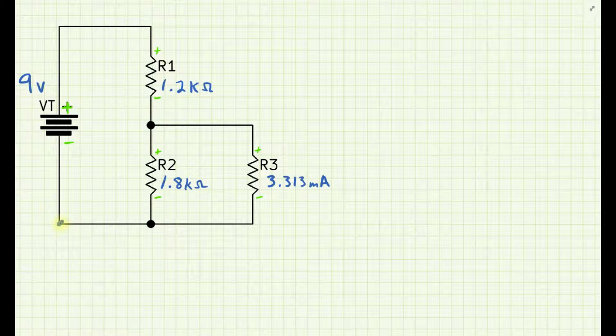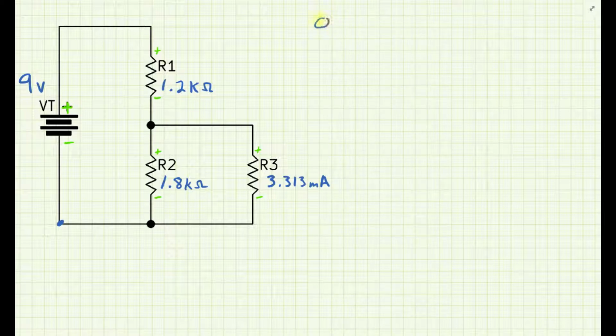Okay, starting here on my little corner, my little dot where I've identified that I'm going to start, I will start traveling up that path around the loop. First thing I encounter is a minus on my power supply. That power supply is a known voltage with known polarity. So let's start a Kirchhoff equation. Kirchhoff says the voltage around any closed loop will always sum to 0.